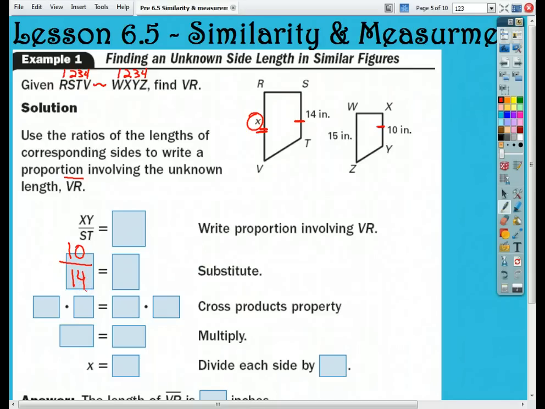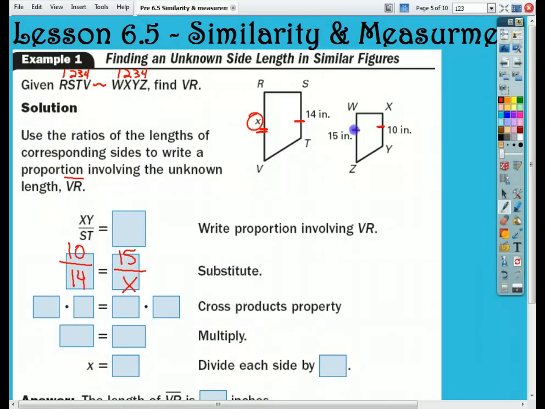Now we need to pick, since we did 10 over 14, what's the other number I have here? 15. Does 15 have to go on the top or the bottom? Top. Yep, because I've got the 10 here on the top over here. So I've got to have the 15 from this quadrilateral on the top here. And then what is our denominator in this one? X. That's what we're missing.